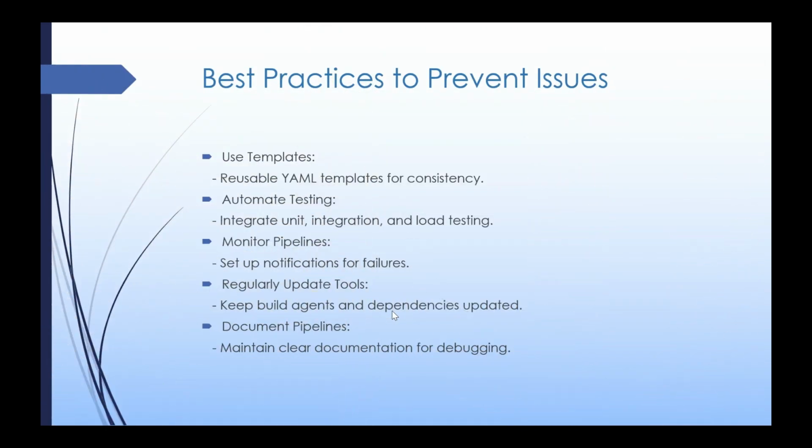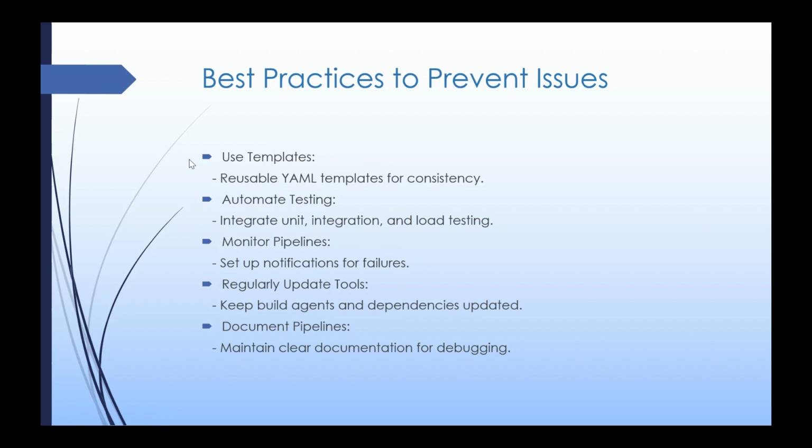Okay, now let's discuss some of the best practices which you can follow to prevent these kinds of issues. The first is use templates. Make sure you are creating reusable YAML templates for consistency. You can create one template once, and you can use the same template in multiple pipelines.